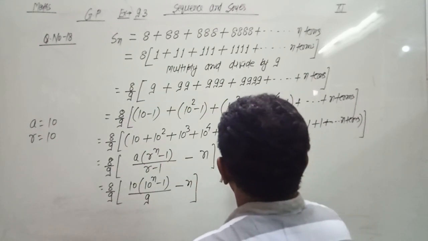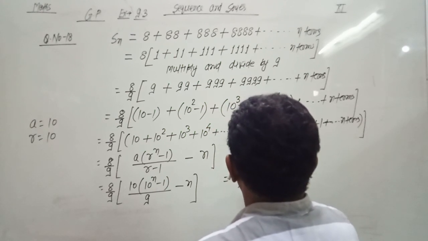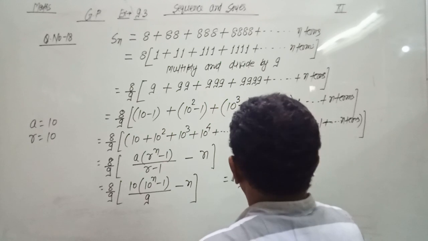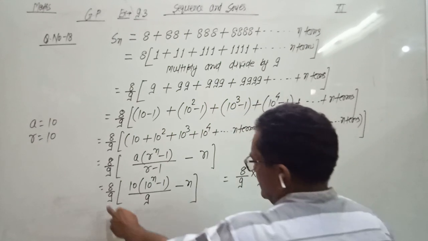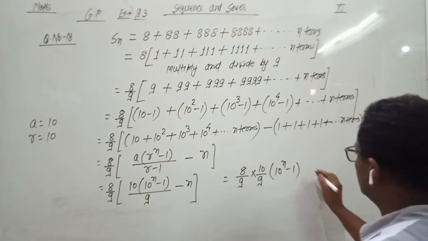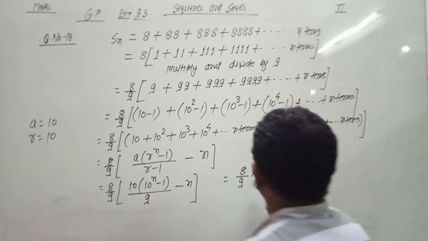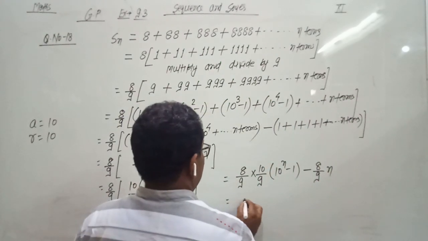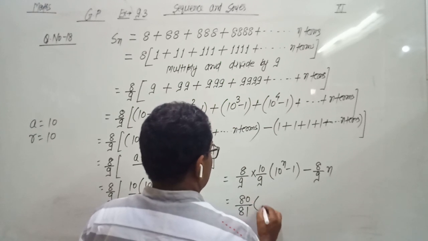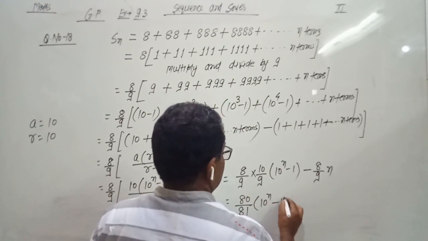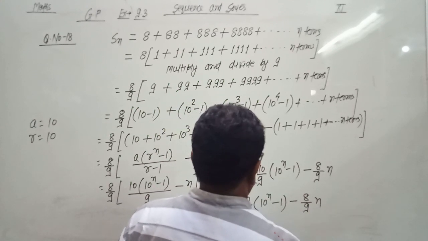So 8 by 9 multiplied by 10 by 9 and 10 raised to the power n minus 1, minus 8 by 9 n. So 8 into 10, 80, upon 9 into 9, 81, 10 raised to the power n minus 1, minus 8 by 9 n.